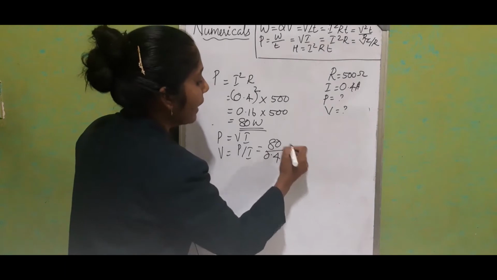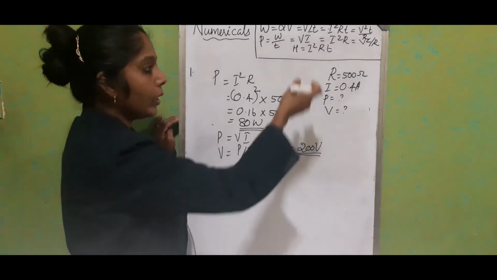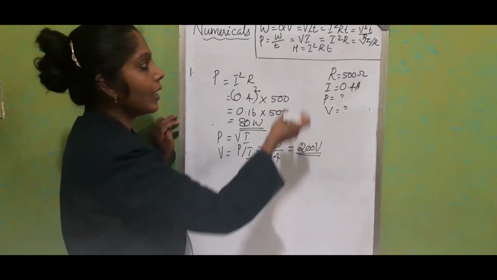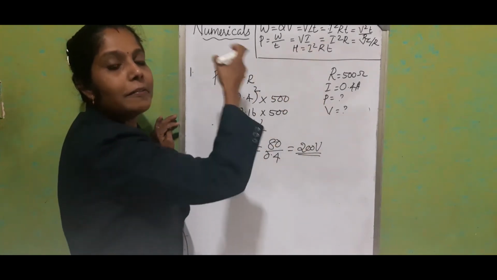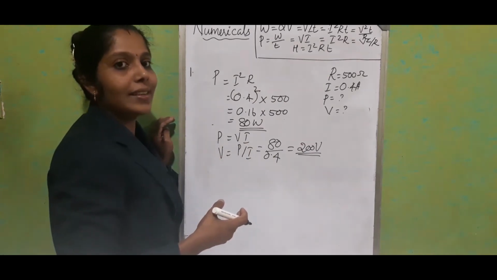When we solve it, we will get 200 volt. So according to the data given, we have to choose the right equation from the set of equations and solve it. Let's see the second question.